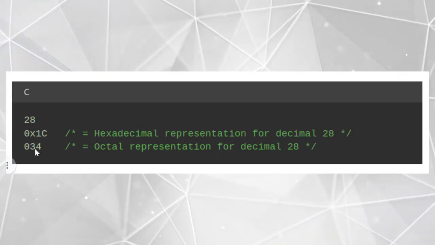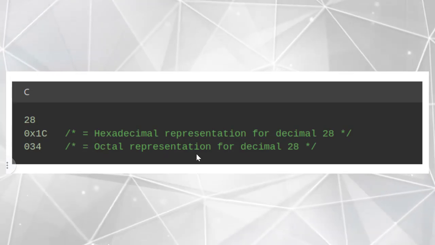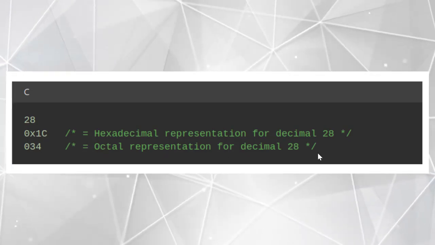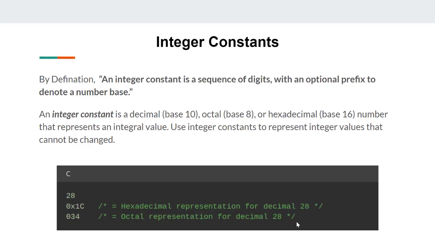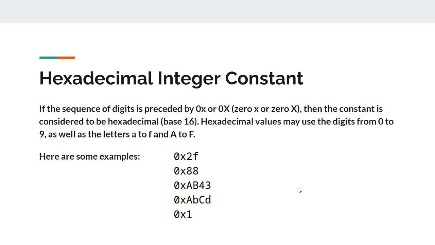If you write 034, this is the octal representation of 28. Integer constants have different bases: with base 10 we call it decimal, with base 8 octal, and with base 16 hexadecimal, and these are represented separately. You cannot change the value of an integer constant.